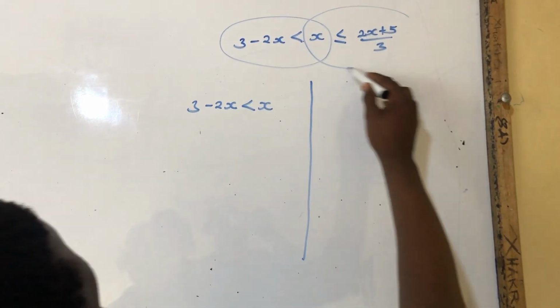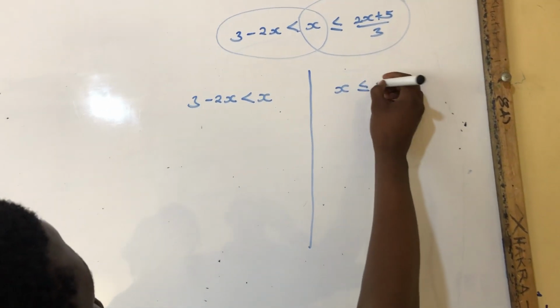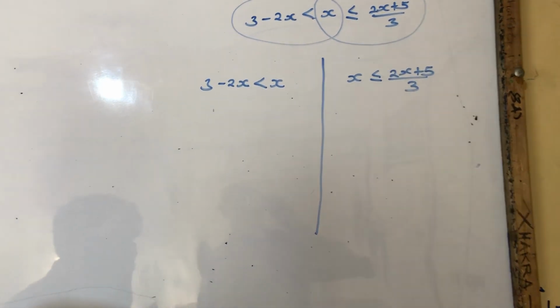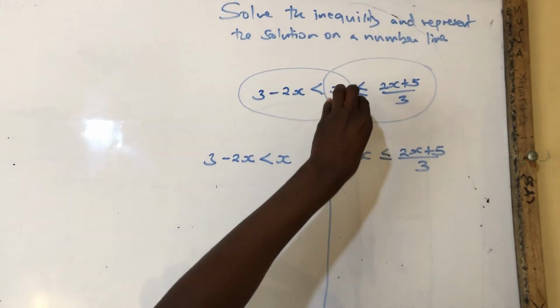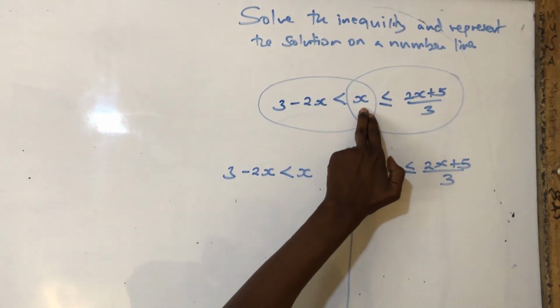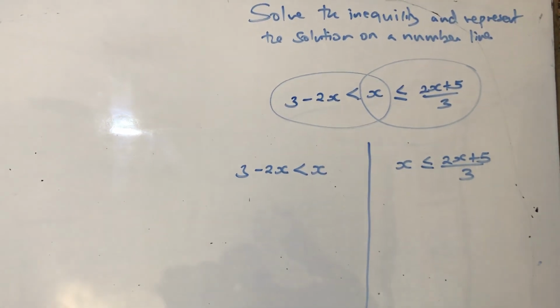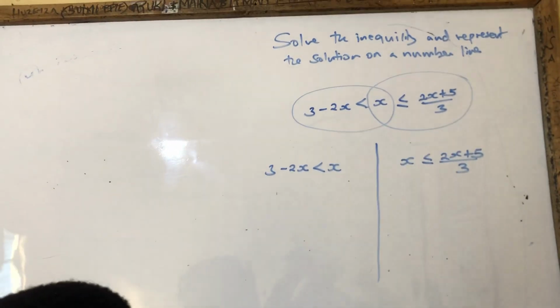Then I will have this other part, x is less than or equal to (2x + 5)/3. Like we already mentioned, this part in the middle will always be used twice. You'll find yourself using it on both sides.